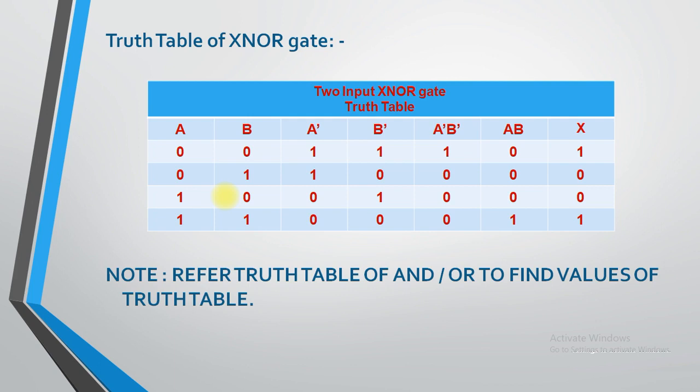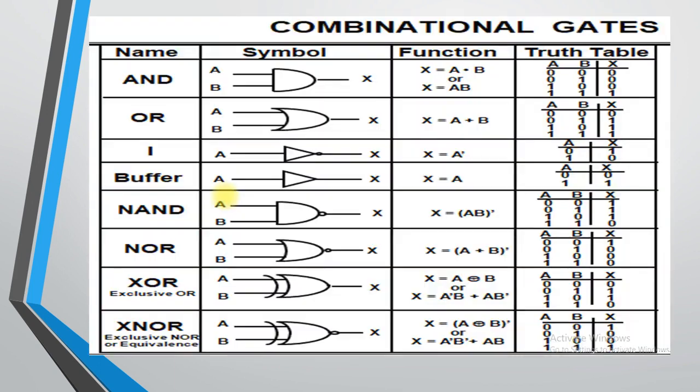And here I am going to share one screenshot regarding all the gates in brief. AND gate, OR gate, inverter gate, buffer. Buffer means opposite of NAND gate, NOT gate. Then NAND, NOR, XOR and XNOR. Right? These all are the graphical symbols which we have represented.